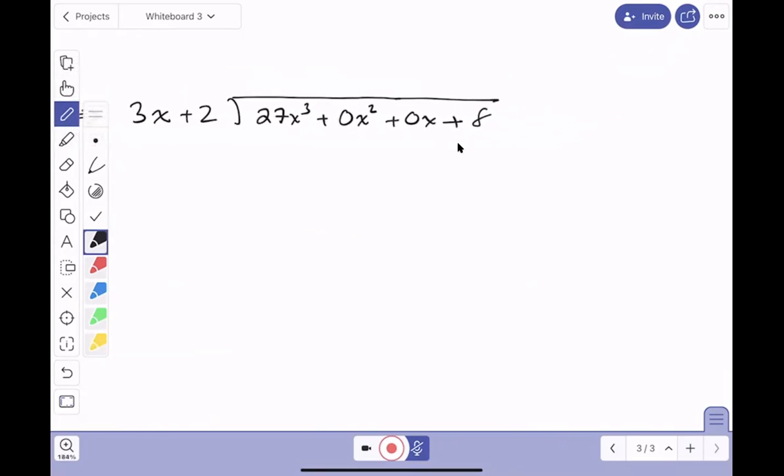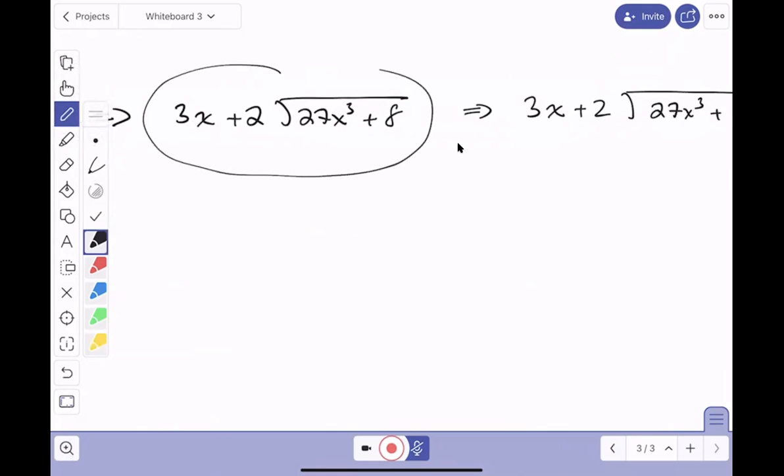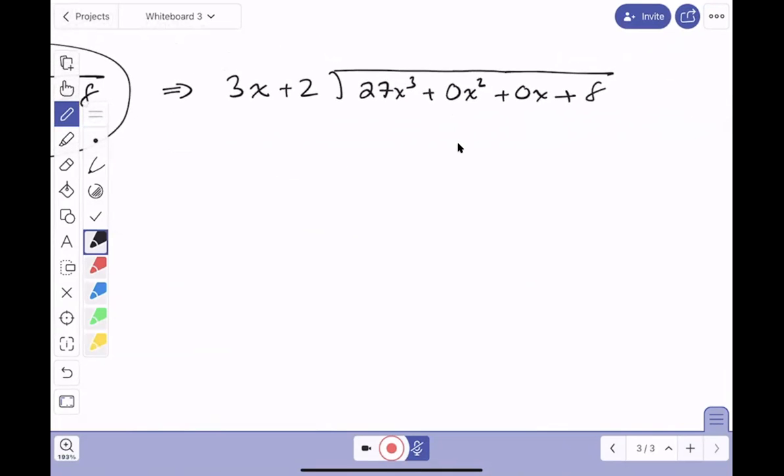Now, someone says, why would you do that? You're making it worse for me. If it makes it worse for you, don't do that. Go back and do this division over here. All right. I'm going to say a lot of students with this division over here, they can't do it. They get confused. All right. But someone says, if you can't do something, you should still try to do it. I want to do this though.